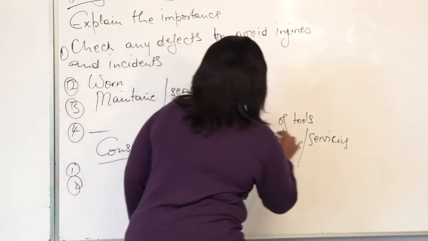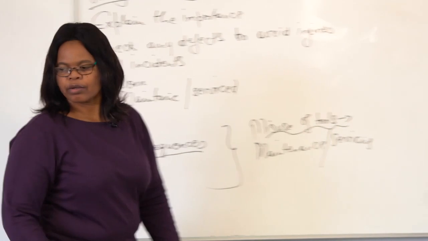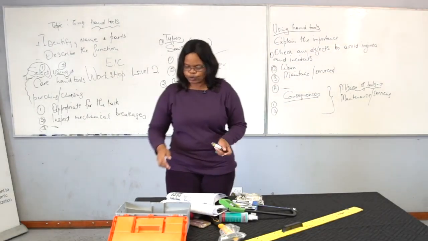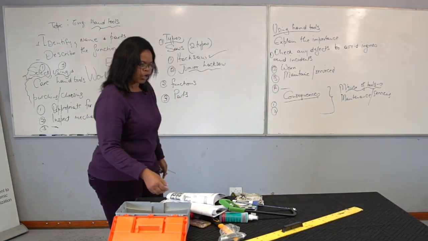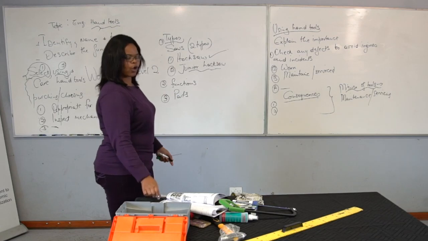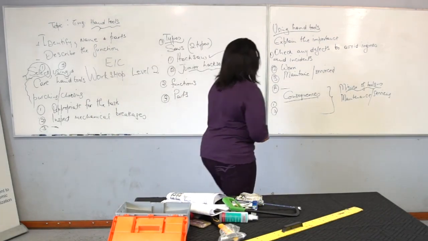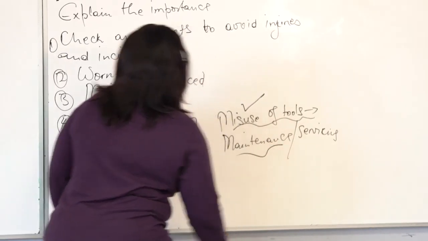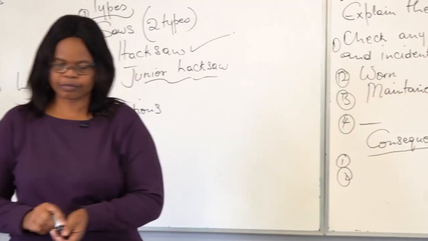The misuse of the tools, how? You are using a screwdriver instead of a chisel. You are using a junior hacksaw instead of a hacksaw. That is the misuse. The tools are not maintained.